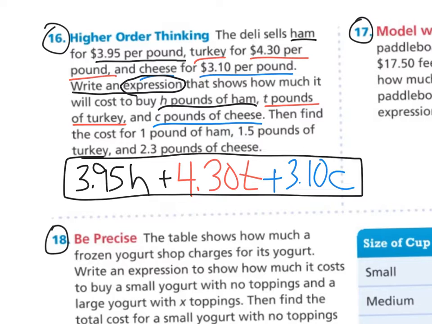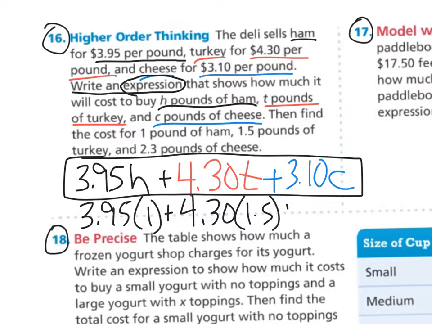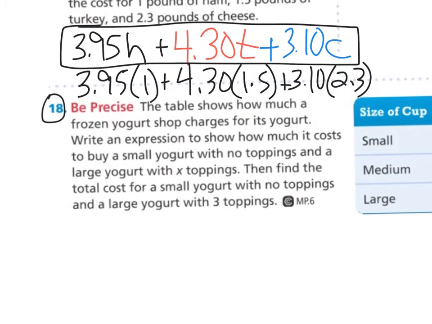So now that we've done that, now we can substitute like we've done. So 1 pound of ham, 1.5 pounds of turkey, and 2.3 pounds of cheese. So all of those, the multiplication is going to happen before we add the costs together.